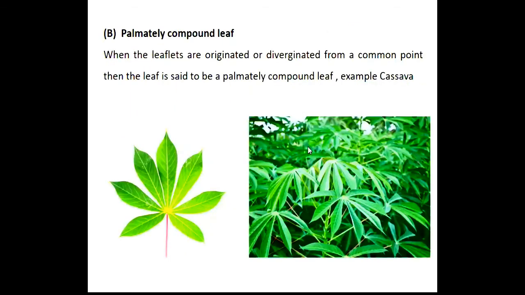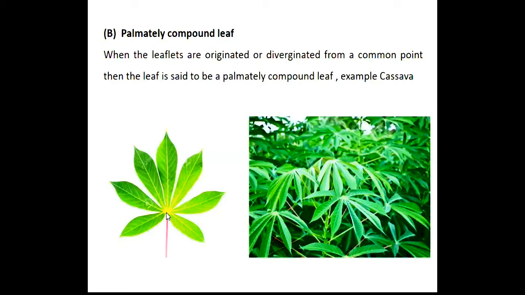And what happens in case of palmately compound leaf? Look, this is a cassava plant, and here there are long leaves present. This long structure is the petiole, a long petiole present in this leaf. All the leaflets originate from this single point.